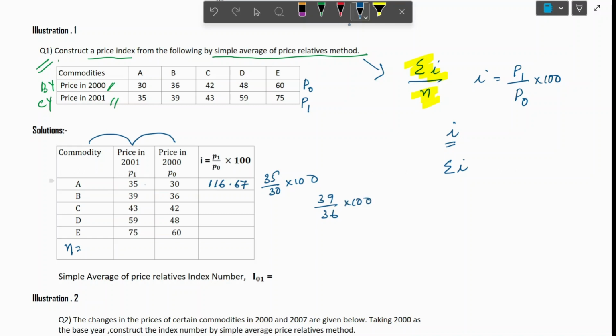Just see, you are comparing this. The same way you continue to fill all the columns. Here it will come 108.33. 43 divided by 42 into 100 is 102.38. Here 122.92.